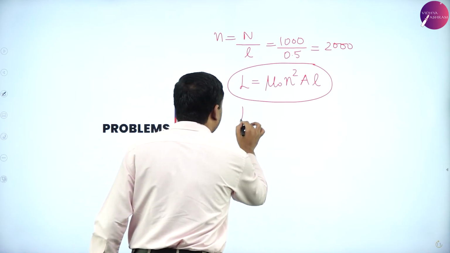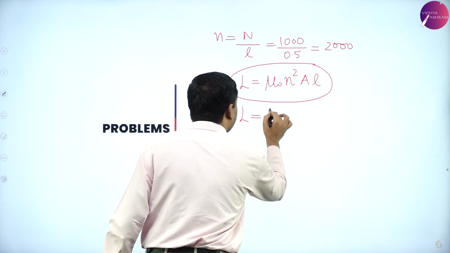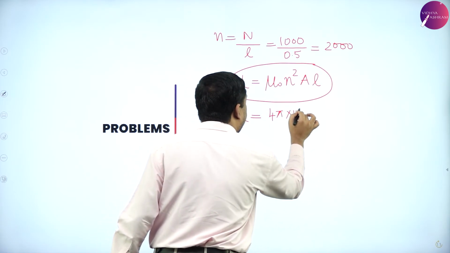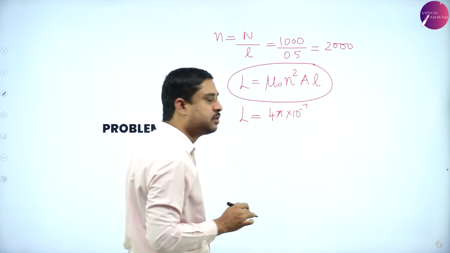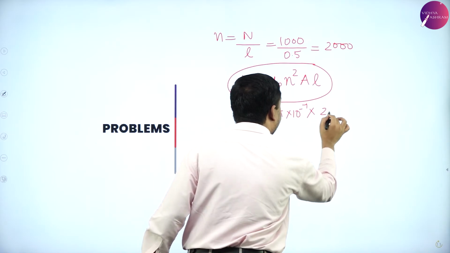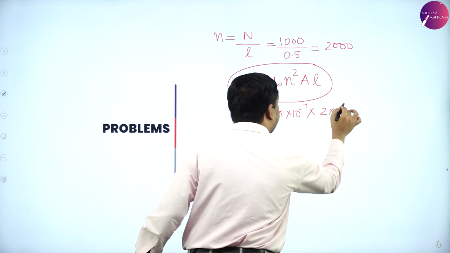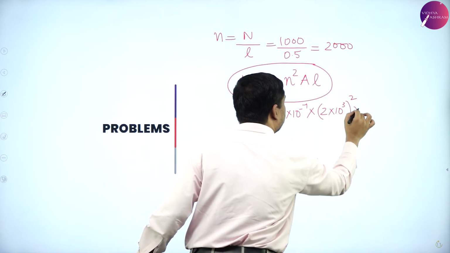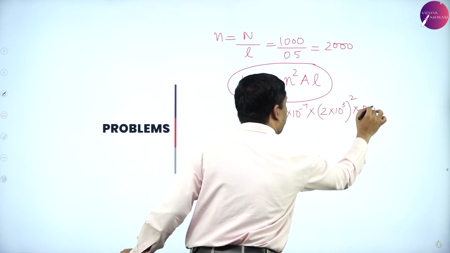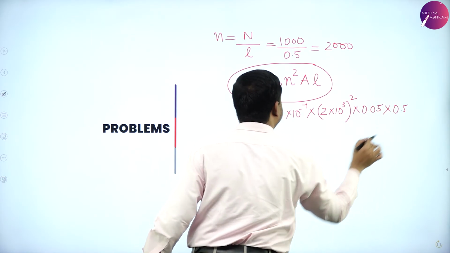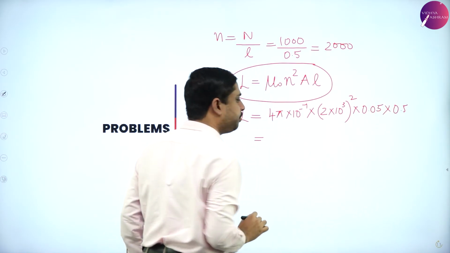So on substitution, mu naught is 4 pi into 10 power minus 7, into n square, which I write as (2 into 10 power 3) whole square, into 0.05 into 0.5.